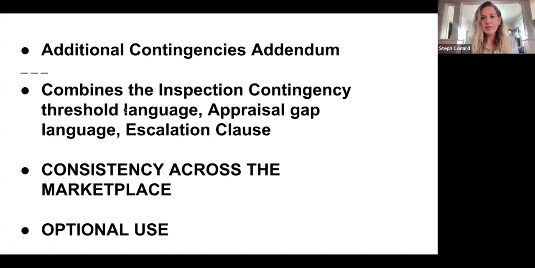The three main points that it covers are the inspection contingency threshold, the appraisal gap language, and the escalation clause.